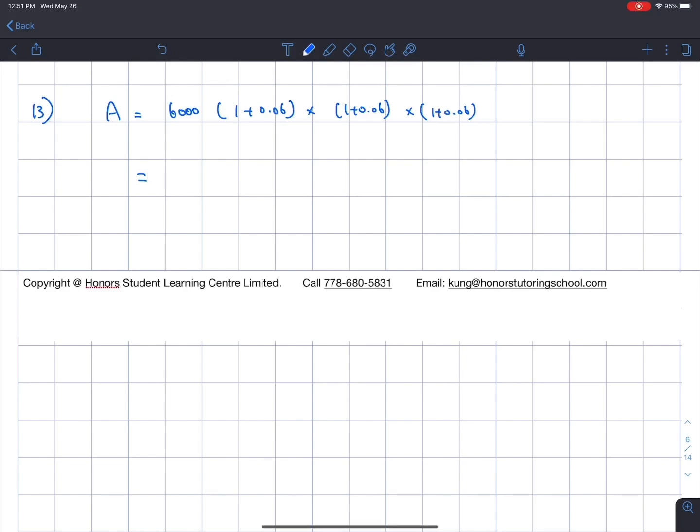So now we can just input this into the calculator, and that will give us the total amount of money in the account after 3 years. $7,146.10.